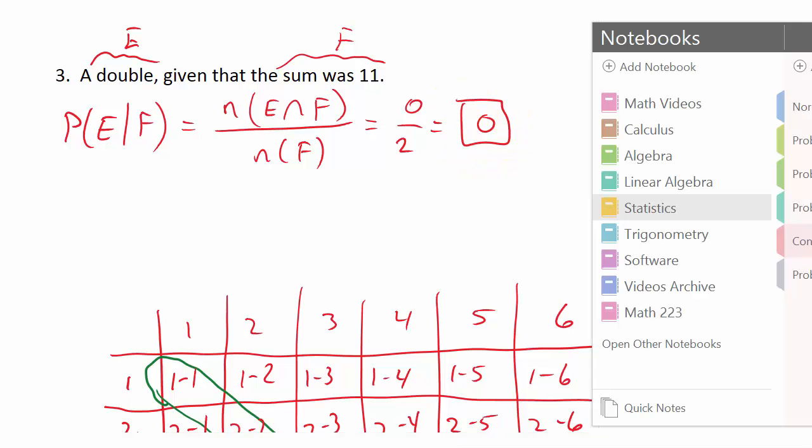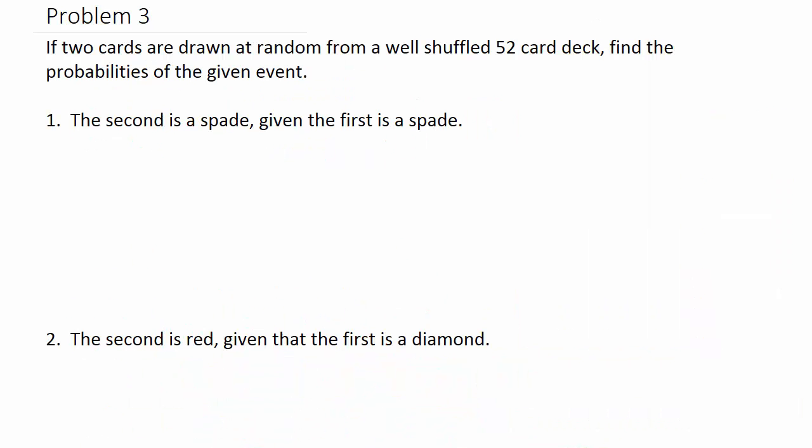All right, let's take a look at some more. All right, so it says if two cards are drawn at random from a well-shuffled 52 card deck, find the probabilities. The second card is a spade given the first is a spade.